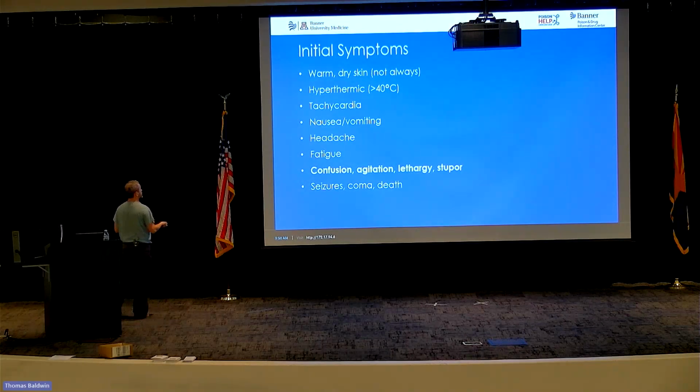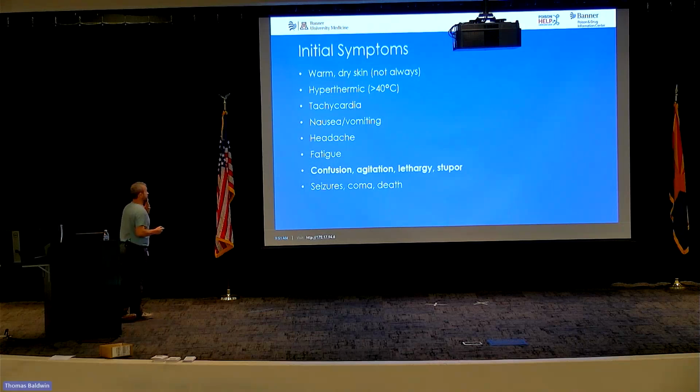So what are the initial symptoms and how do we differentiate heat stroke from heat exhaustion? In heat exhaustion, the two big differentiators were change in mental status and the skin, diaphoresis versus dry. These patients are almost always altered and have very dry, warm skin.